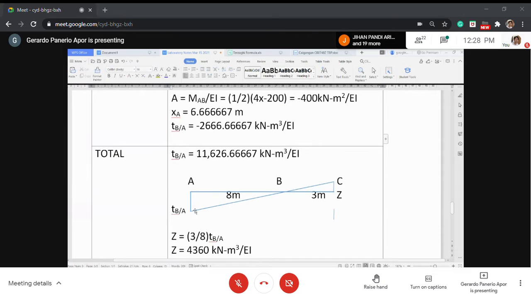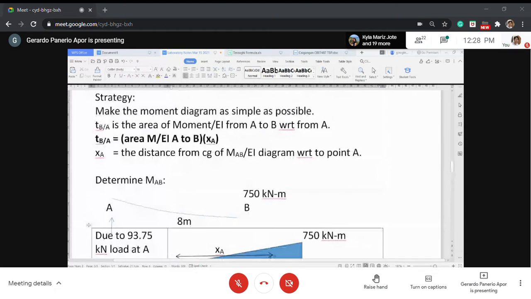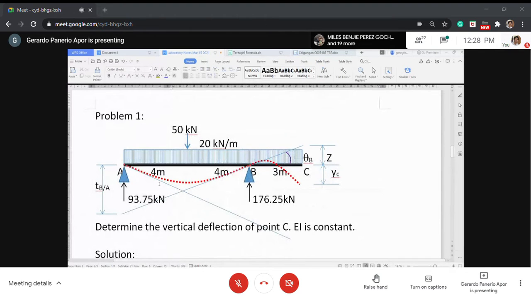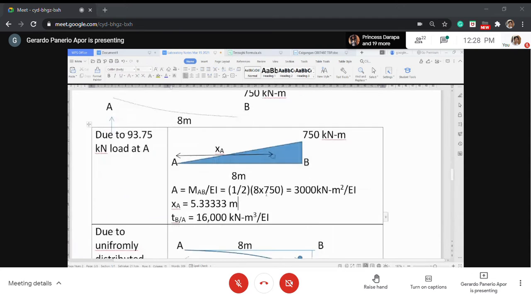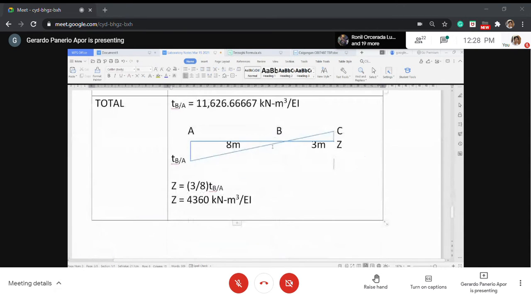And that is the distance. If I label ABC as this horizontal line, and the tangent line at point B as this one, TBA is just this distance from the left. You have a relationship between Z and TBA, and if you get TBA, you can get Z; it's just a matter of ratio and proportion.